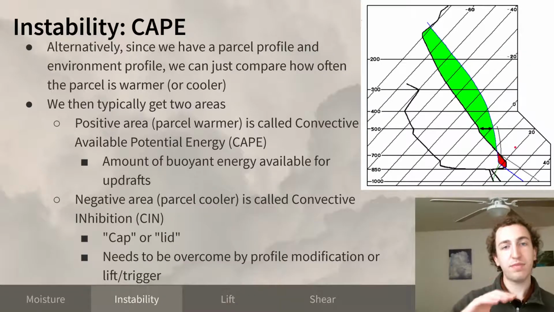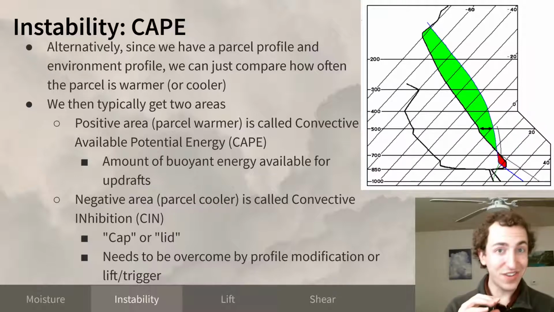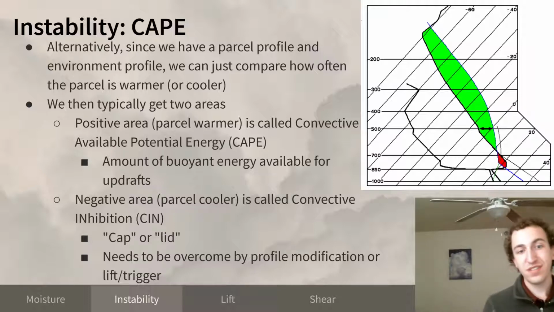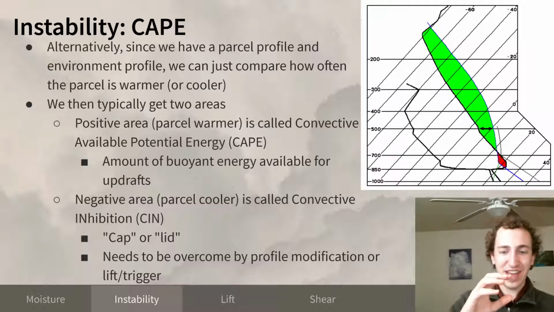So it caps, or puts a lid on convection until there's enough of a trigger, enough lift to break through it.